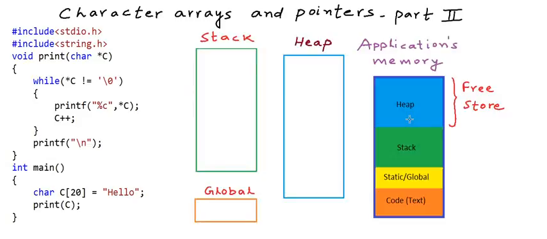Once again, I have drawn this familiar diagram. The memory that is allocated for execution of a program is typically divided into these 4 parts, these 4 sections. One part of the memory stores the instructions in the program. We call that the code segment or the text segment.